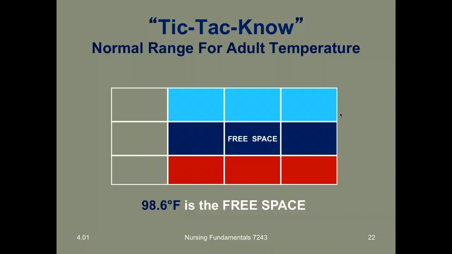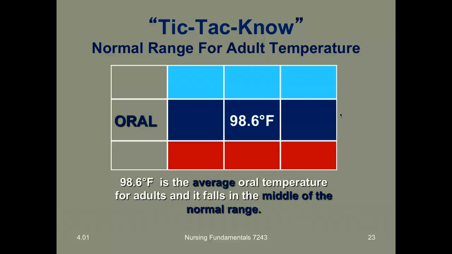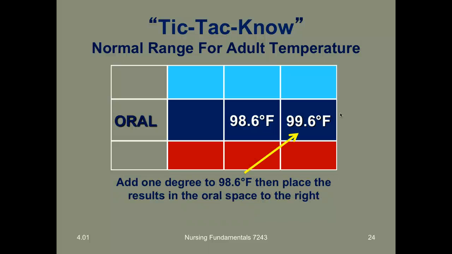An interesting way to learn this is called Tic-Tac-Know, the normal range for adult temperature. If you put 98.6 in the free space, if you look at the numbers on 2 slides back, you can see that 98.6 is the one that stands out as the average of all temperatures. That's the average oral temperature for adults, and it falls in the middle of the normal range.